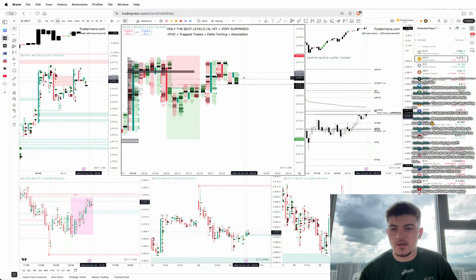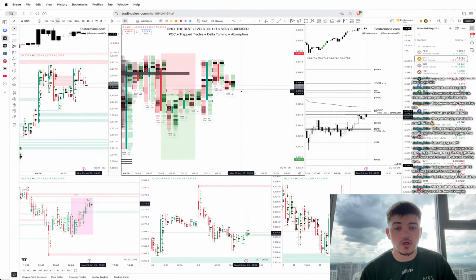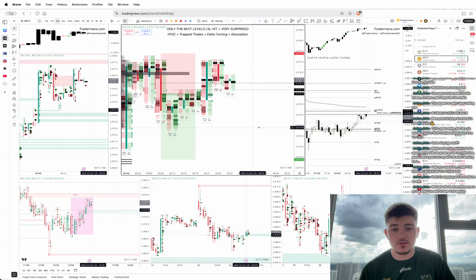Yeah, we've just tested that there. So what we don't want right now, we're looking for this level to break. What we don't want is just going up from here. And that's a clear sign. So that's the level right there.